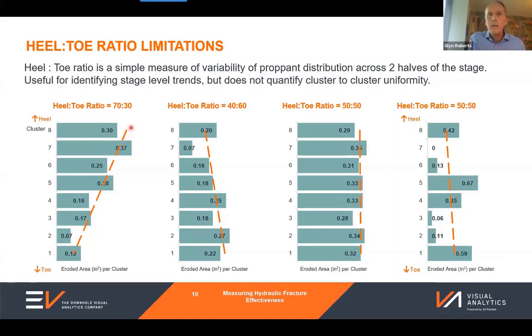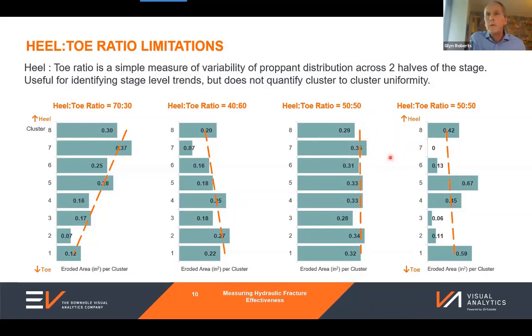The most useful probably is that it identifies these heel-toe trends and quantifies them. You understand the strength of it, 70-30 or a 40-60, and the direction, whether it's a heel bias or a toe bias. What it doesn't do very well is provide us with cluster-to-cluster variability.